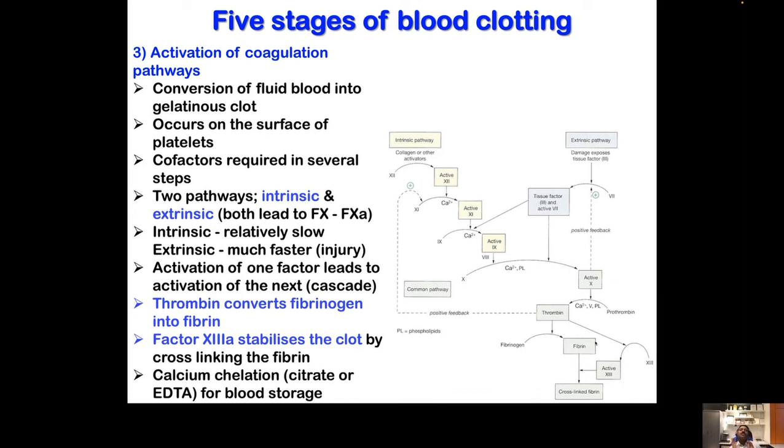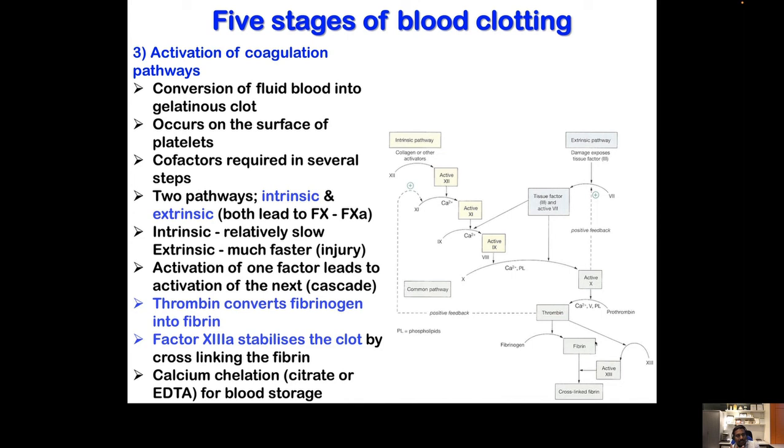Okay, so important points here. There are two pathways, intrinsic and extrinsic. Both the pathways and all the coagulation cascades are happening on the surface of activated platelets. The common pathway here is the conversion of factor 10 into active form of factor 10, which will convert prothrombin into thrombin. Thrombin is an important multifunctional enzyme.